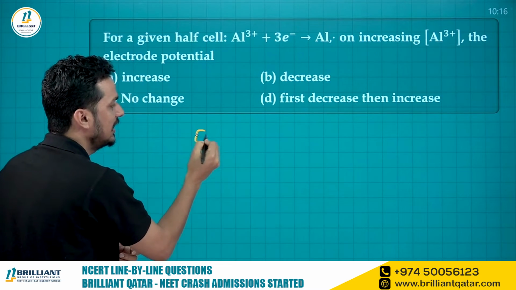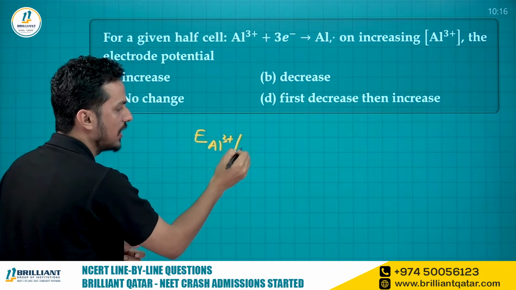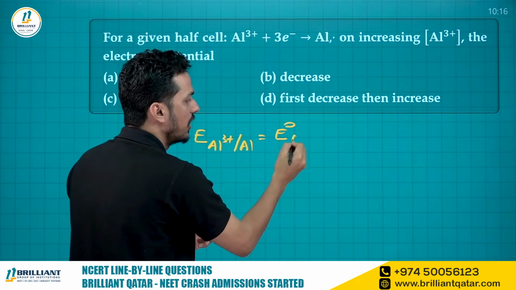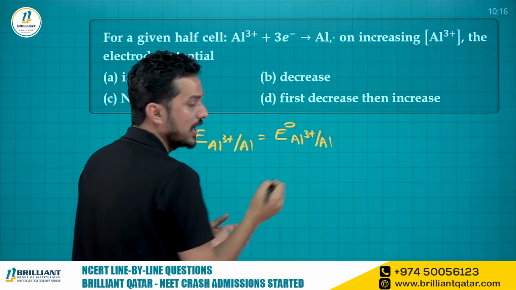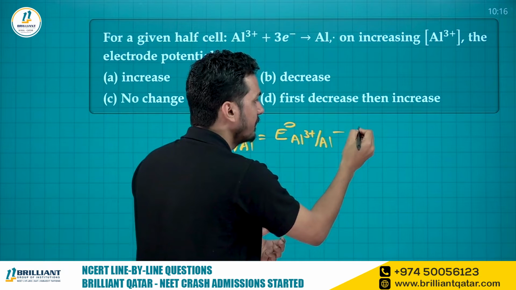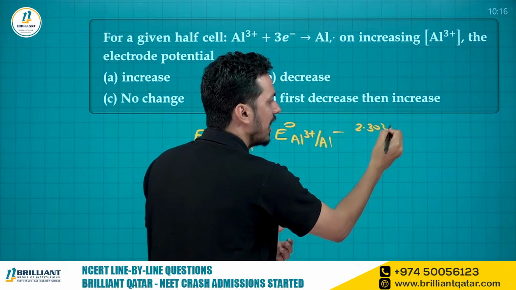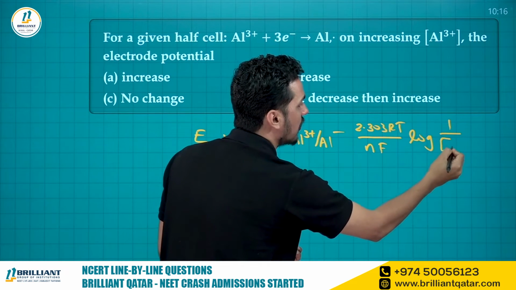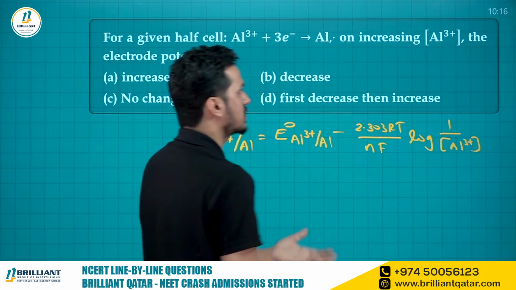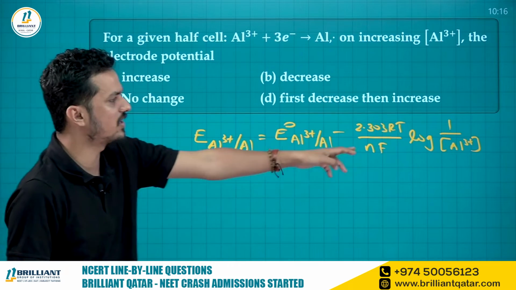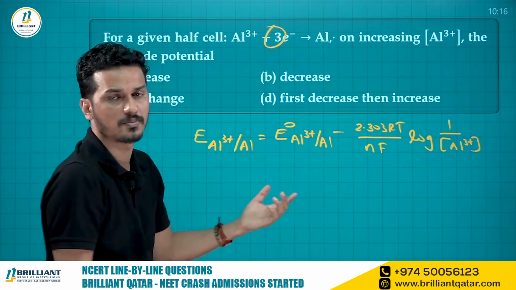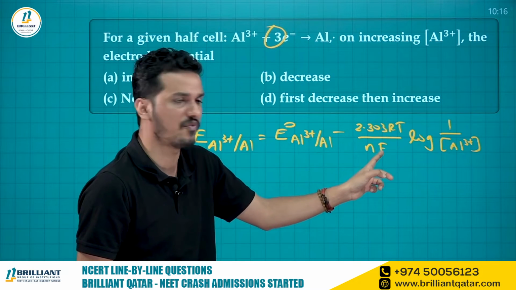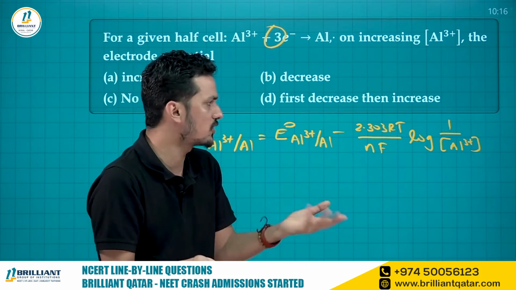The electrode potential of the aluminium 3 plus ion, aluminium bar, equals E0 Al3 plus bar Al minus 2.303 RT by nF log 1 by concentration of Al3 plus. This is the equation actually. Here n is equal to 3, 3 electrons participating. R is constant, T is constant, F, the Faraday, is also constant.